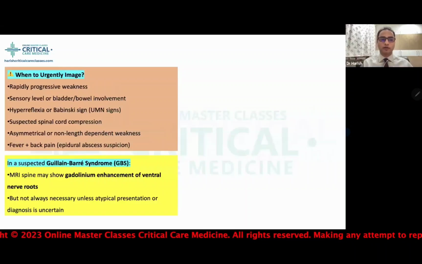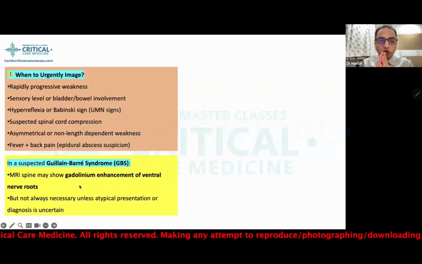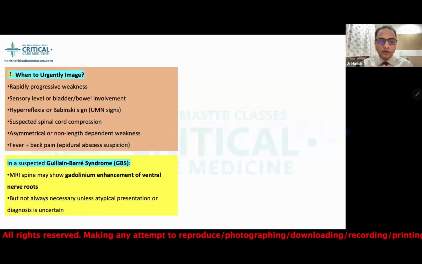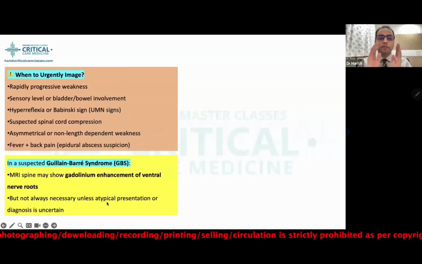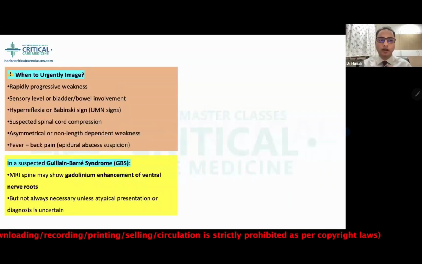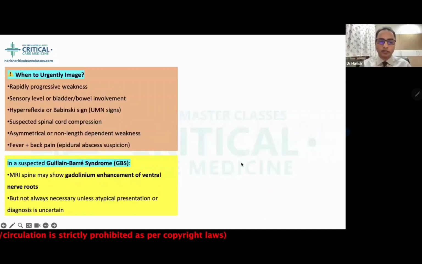That is the stroke protocol. In suspected GB syndrome, MRI spine may show gadolinium enhancement of ventral nerve roots, but it is not always necessary unless the presentation is atypical or the diagnosis is uncertain. It is not mandatory to get an MRI when the clinical picture fits GB syndrome.